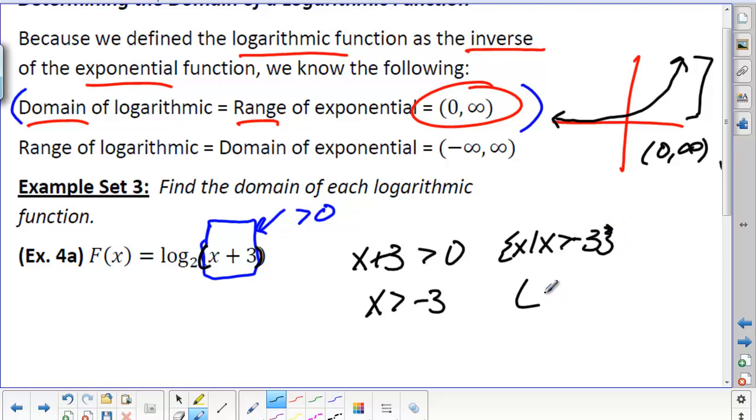We could also say that's the interval from negative 3 to infinity. Both of those are good answers for that domain. Just make sure you pay attention in the homework and know if they're asking for interval notation or set notation. So all you have to do is take whatever's inside that logarithm and put a greater than 0 and solve that.